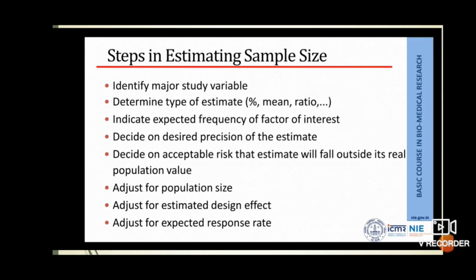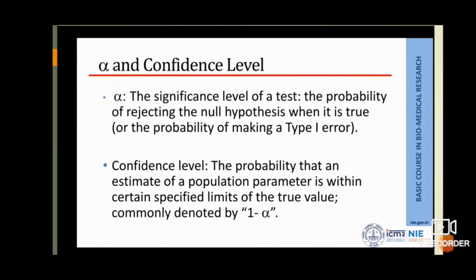We have to know the acceptable risk that the estimate will fall outside the real proportional value, and we have to adjust according to the population size, adjust for the design effect and for the expected response rate, whether there will be any loss to follow-up.